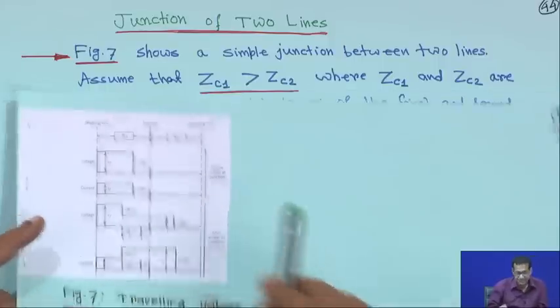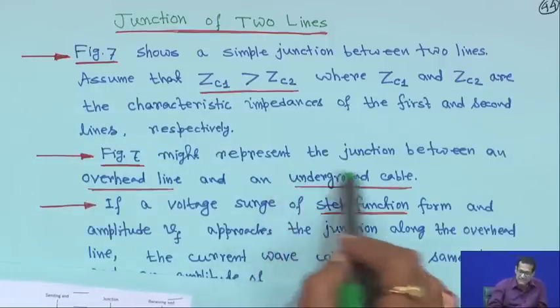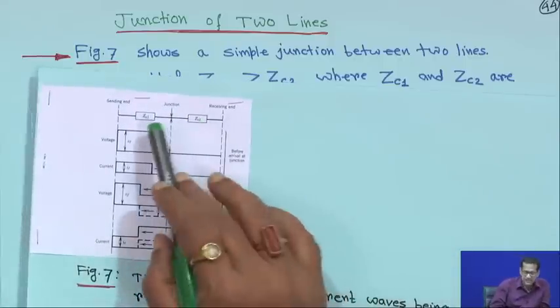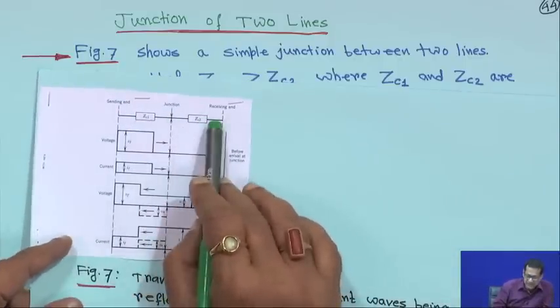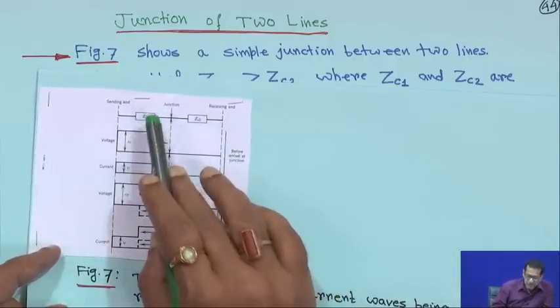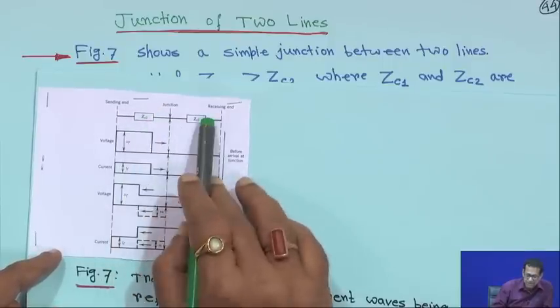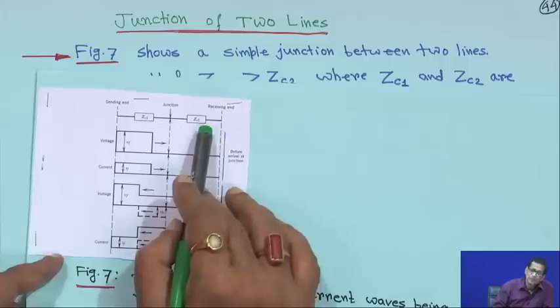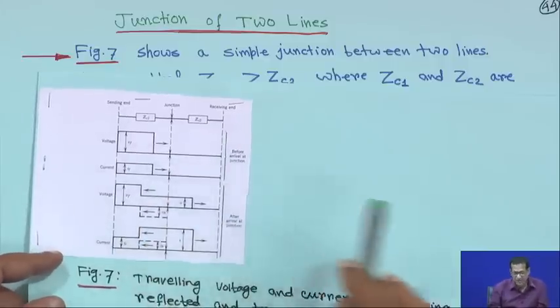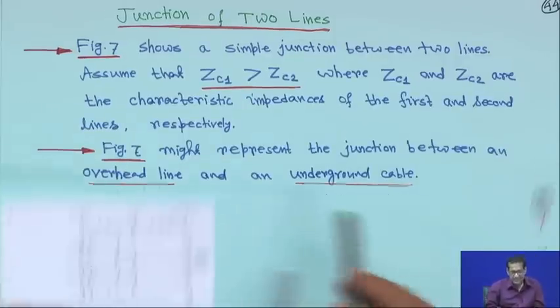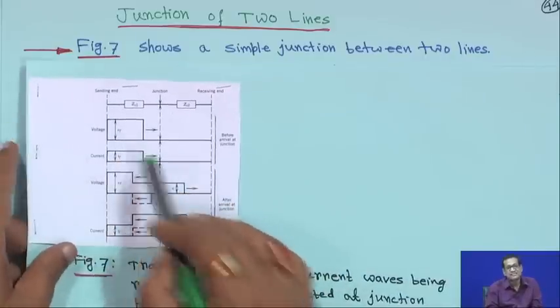So, figure 7 might represent the junction between an overhead line and an underground cable, that I told you. It is not necessarily an overhead conductor on either side; maybe this side overhead, this side cable, or this side cable, this side overhead, or both are cable or both are overhead conductor, right.